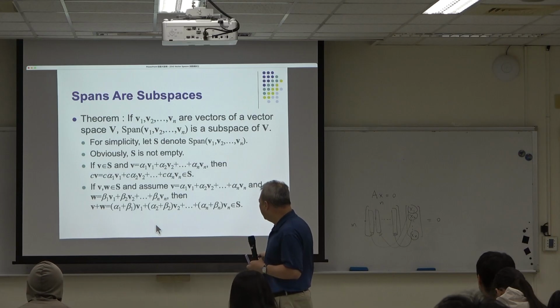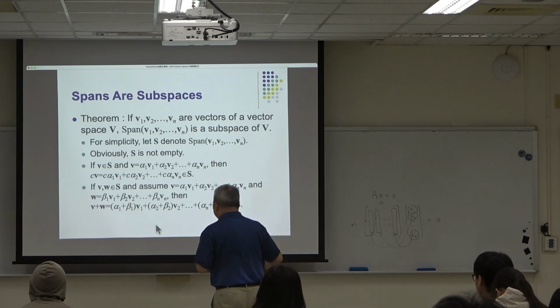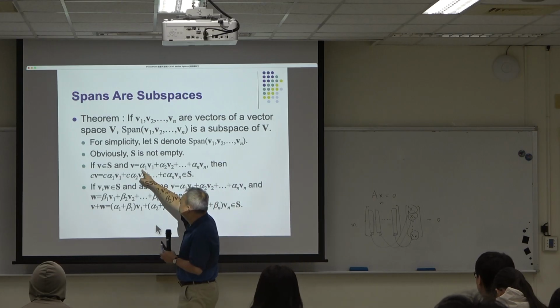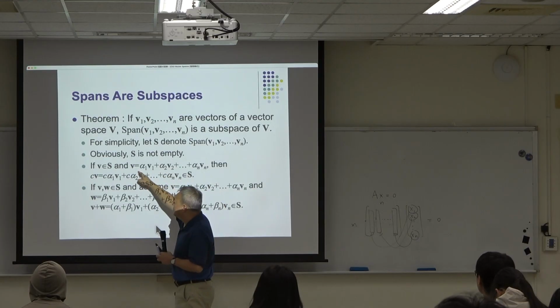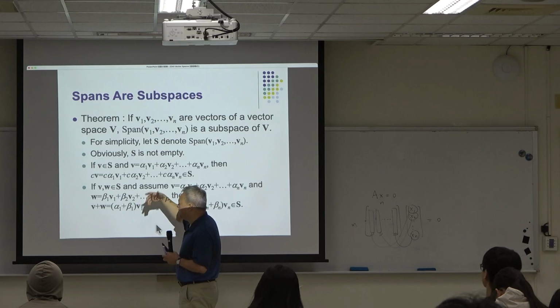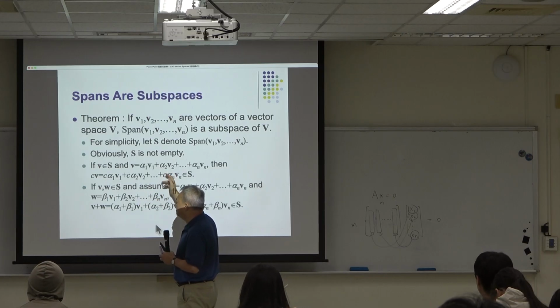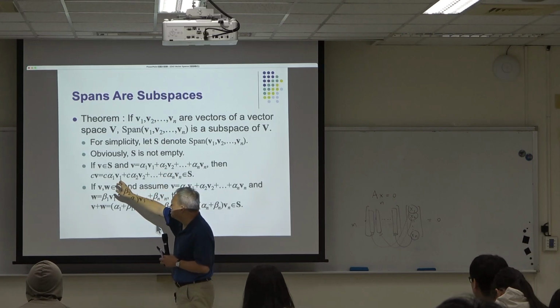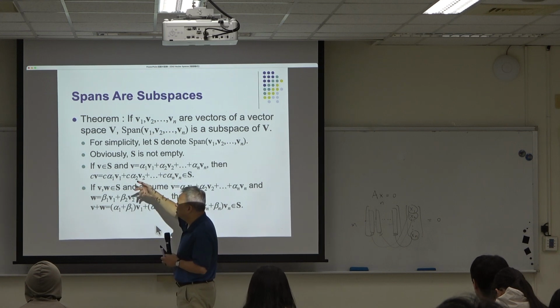Also, if a vector is in this span, it can be written in this form. Then cV will also be represented by a linear combination of b1 to bn, right?